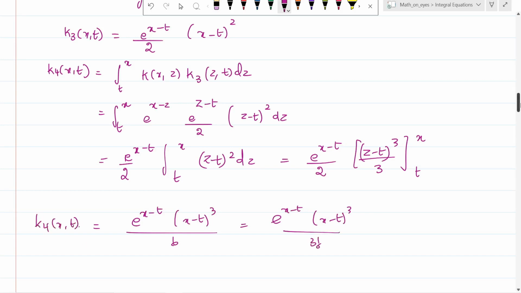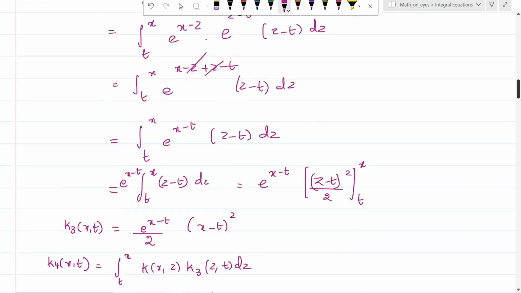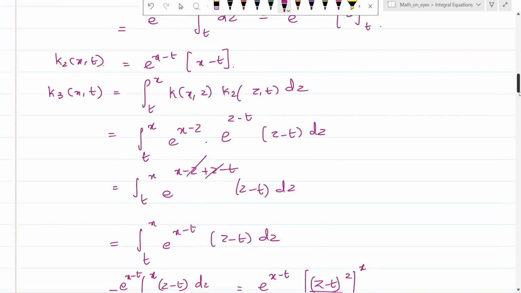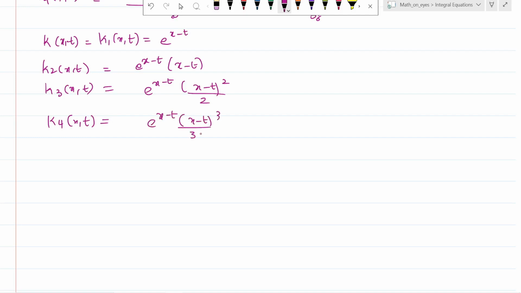So generalizing the case, we will find k of x comma t, which is equal to k1 of x comma t, which is equal to e to the power x minus t, and then k2 of x comma t will be equal to e to the power x minus t into x minus t, and k3 of x comma t will be equal to e to the power x minus t into (x minus t) the whole square by 2, and then k4 of x comma t is equal to e to the power x minus t into (x minus t) the whole cube divided by 3 factorial.